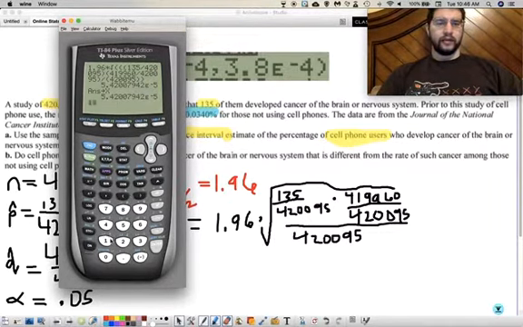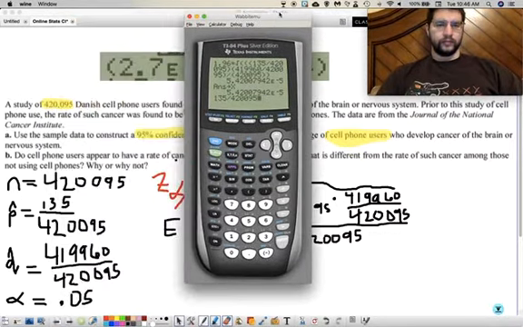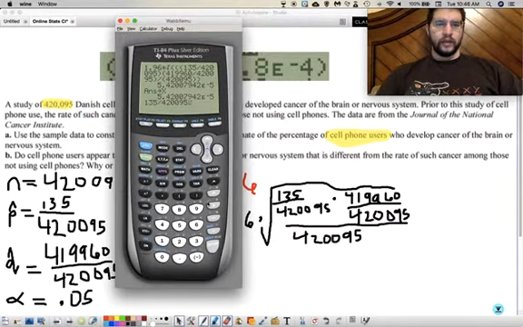So I'm just going to take my p hat, and I'm going to add X to it.